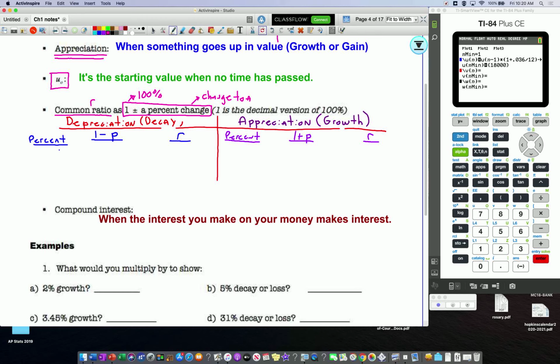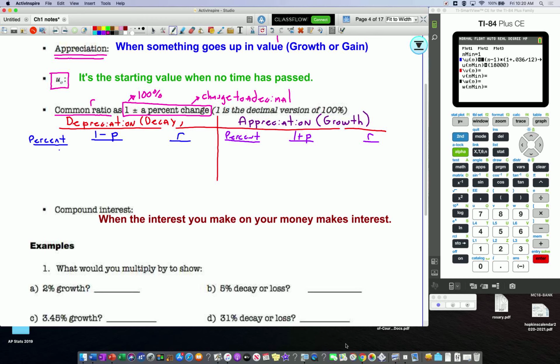Percentage change, many times you're going to have to change to a decimal. I'll demonstrate this in the examples in the space down below. When you combine the percentage with 1, you don't go 1 plus, say, 20%. You have to change that 20% to the decimal form by moving it 2 decimal places.